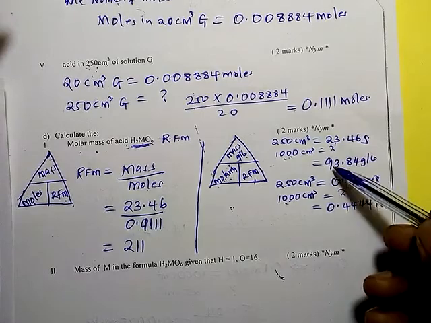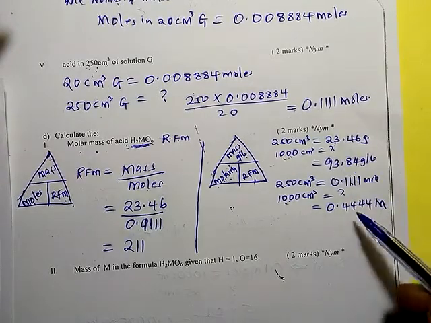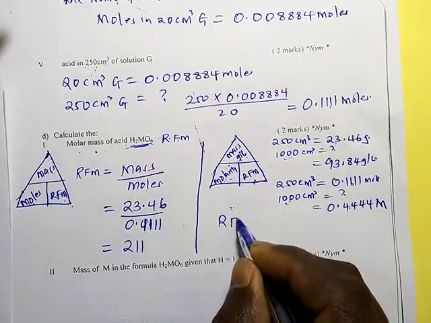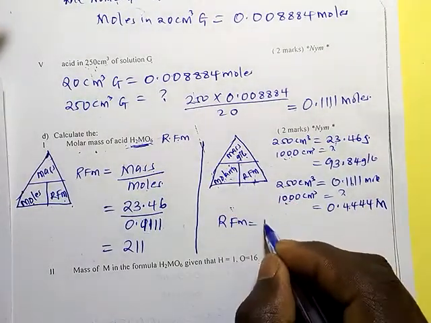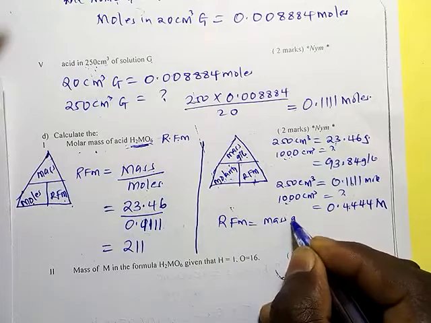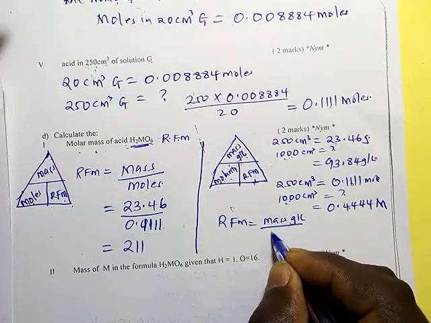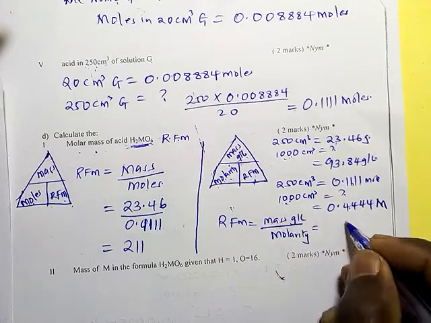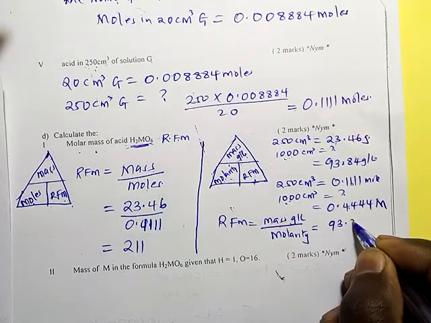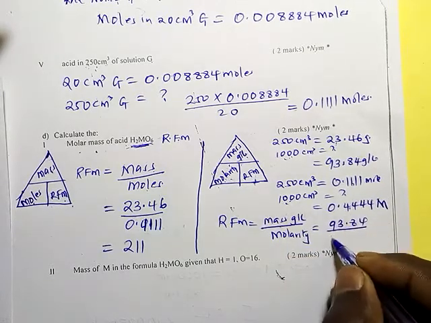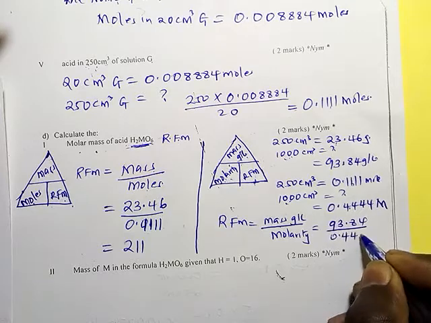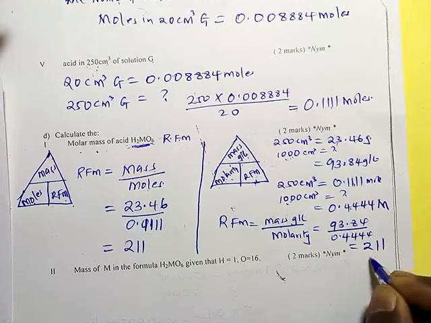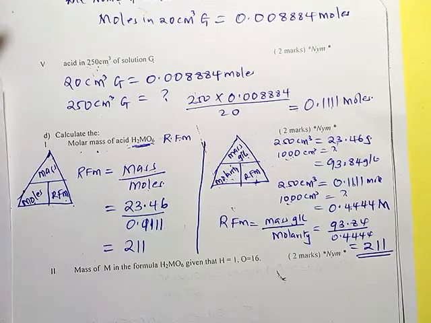Now we can use the formula: RFM is equal to mass in grams per liter divided by molarity, which is 93.84 divided by 0.4444, which gives 211. That's another way you can do it.